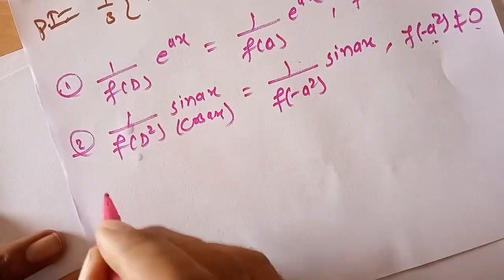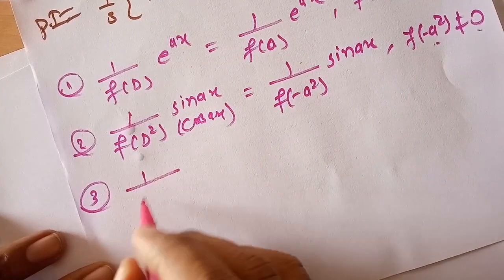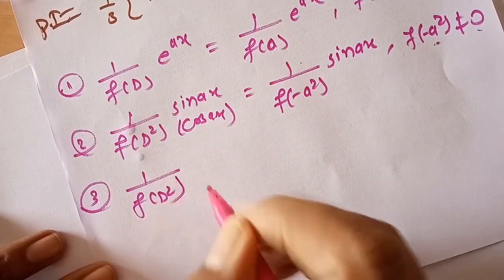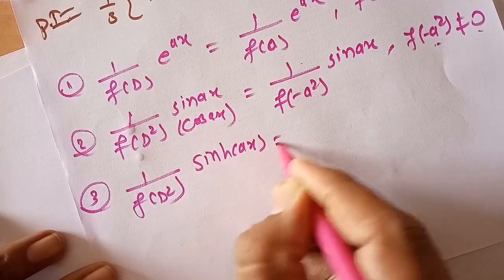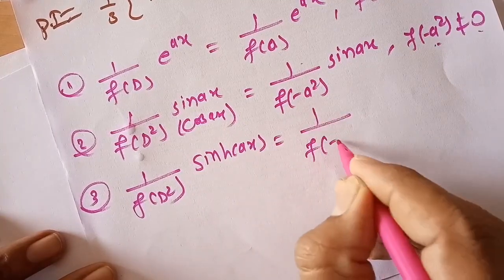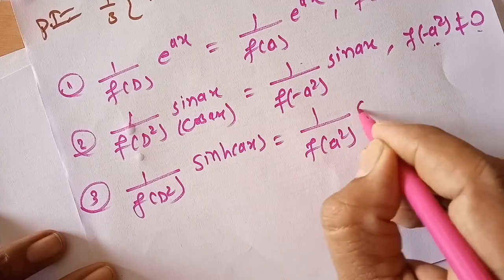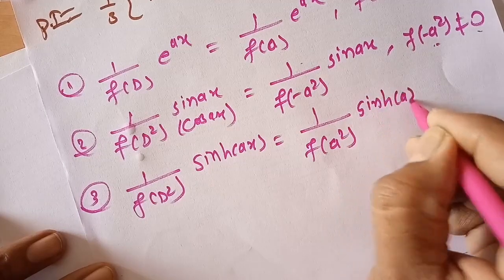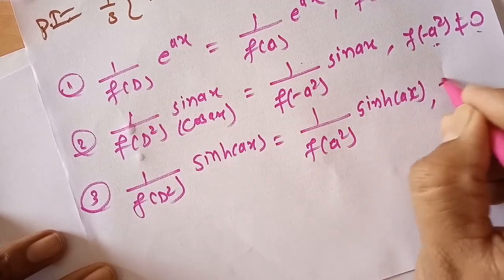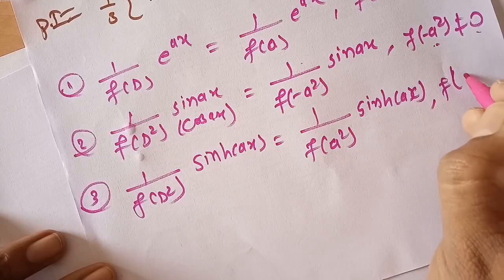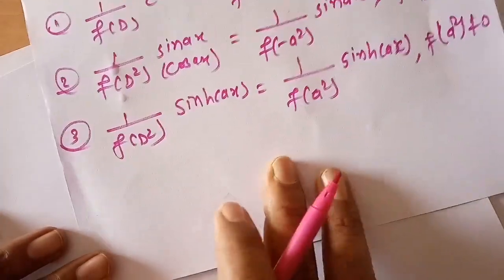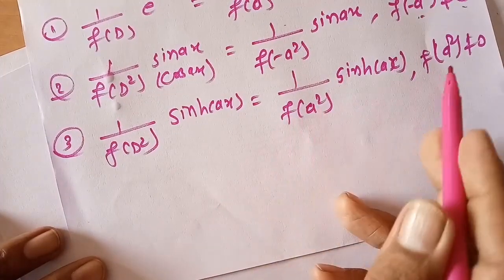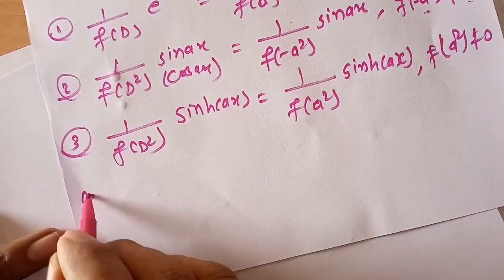The same formula works for hyperbolic functions: 1 upon f(D²) into sinh(ax) or cosh(ax) is 1 upon f(a²) into sinh(ax), moreover f(a²) is not equal to 0. Again we know that method, if this is 0 it is the failure case.